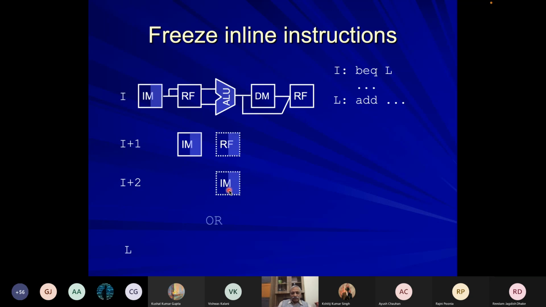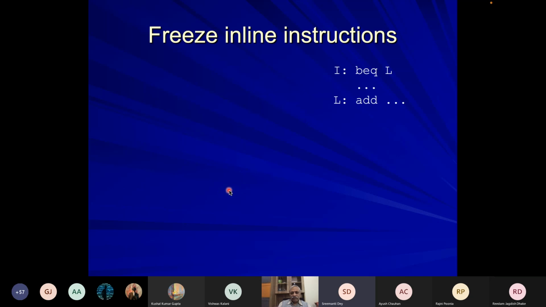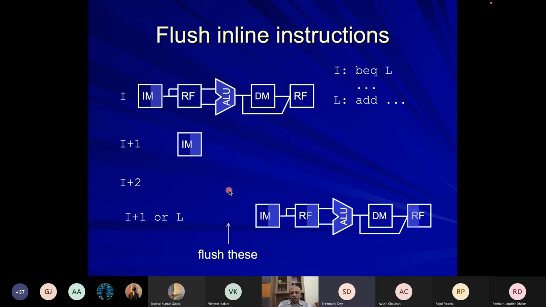Sir, in the previous one, the branch decision is taken care of in the RF stage, right? And the address computation in the ALU stage? No, no. The instruction is decoded in the RF stage, so we know that the instruction is a branch instruction here. We are assuming that address computation and looking at the flags is happening in the third stage.